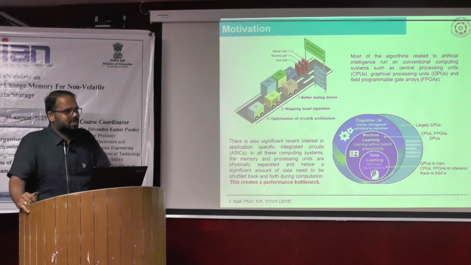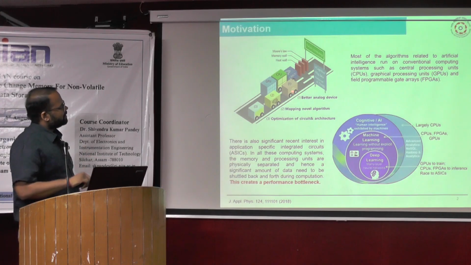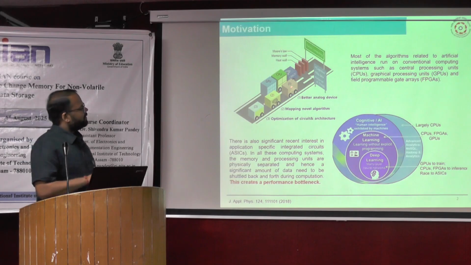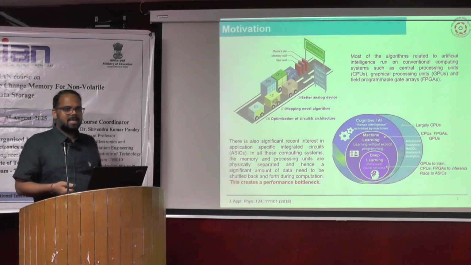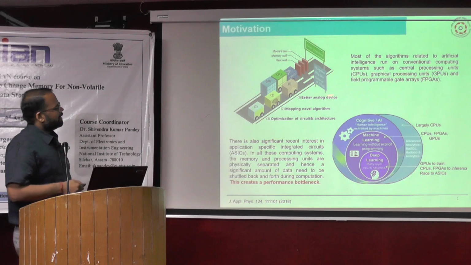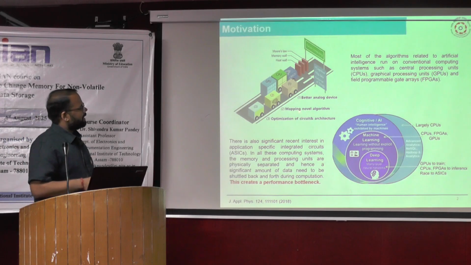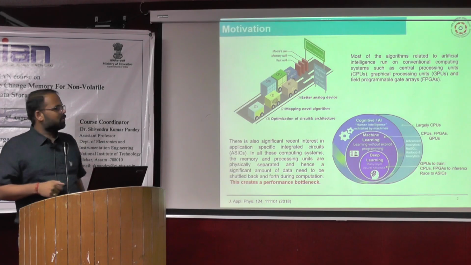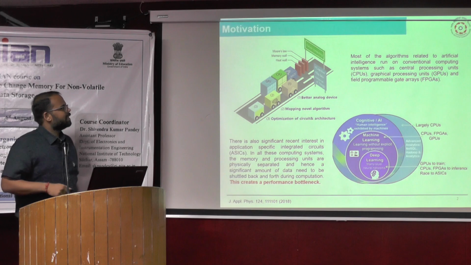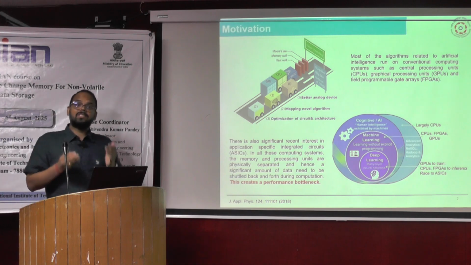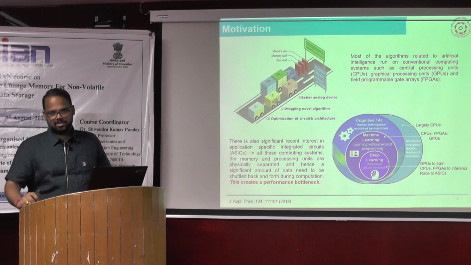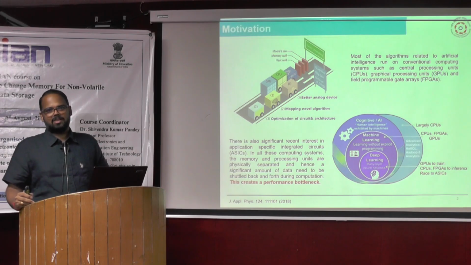In that regard, some things are coming into the picture by which we can get better performance for cognitive applications, big data analysis, and IoT. For that we need better analog devices, mapping of novel algorithms, and optimization of circuits and architecture. These are essentially required for upcoming computing systems.